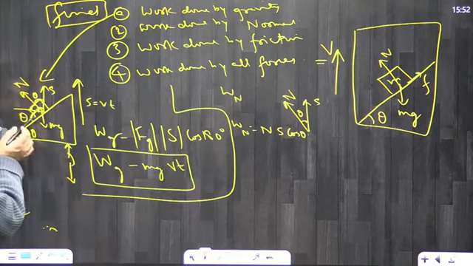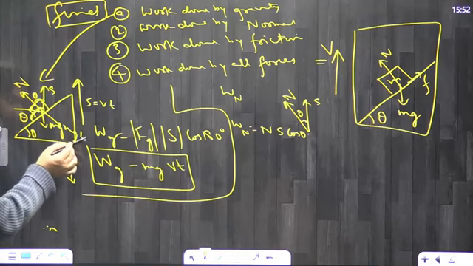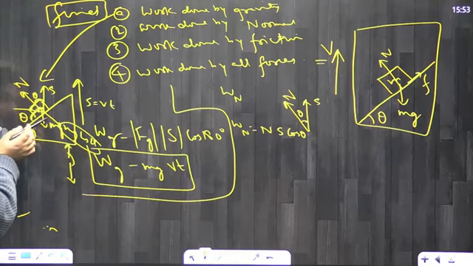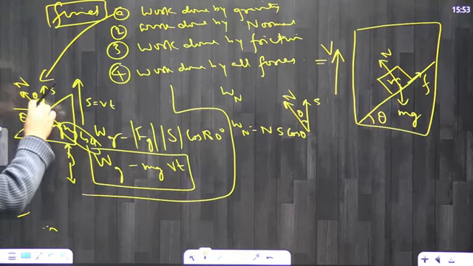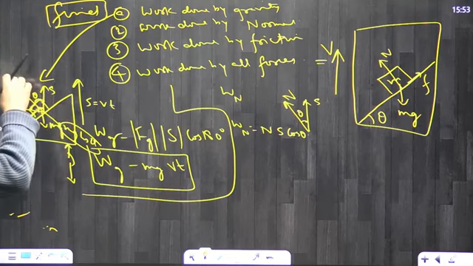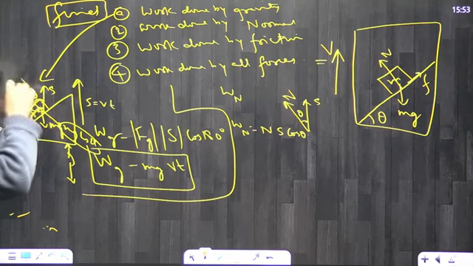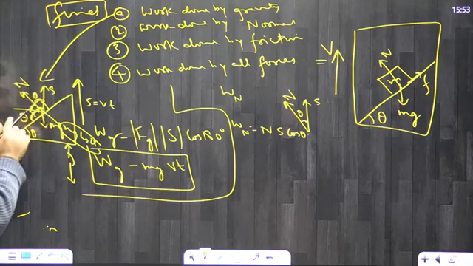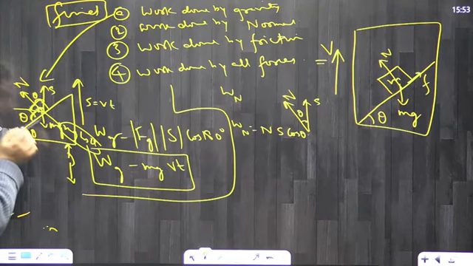See, this is N, this is mg. mg has a component here, mg cos theta. So actually, mg cos theta is trying to get this block inside this wedge. But N sin theta is trying to get this block above this wedge, in this direction. It's trying to elevate this. But neither is it elevating nor is it getting down. So that means these two forces should be balancing.